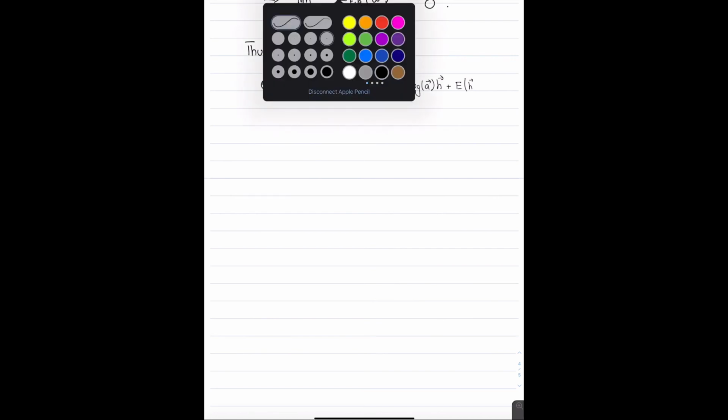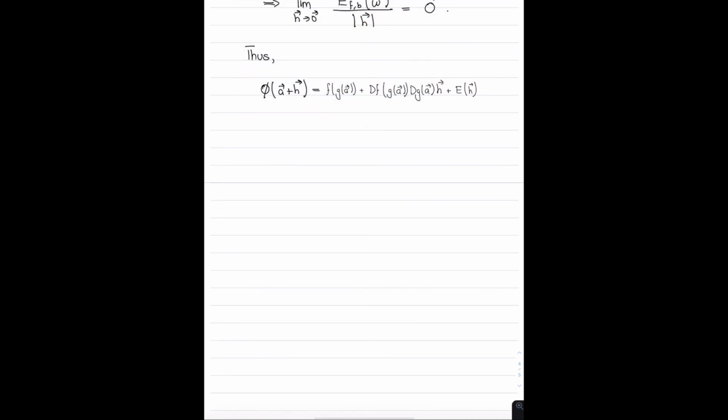Sorry about that. The adjustment is that I'm going to get rid of this w over here, because we know that w itself is dependent upon h, so we don't need that w anymore. Where the limit as h approaches 0 of e evaluated at vector h divided by the norm of vector h is equal to the 0 vector.